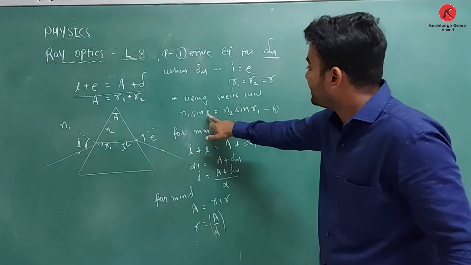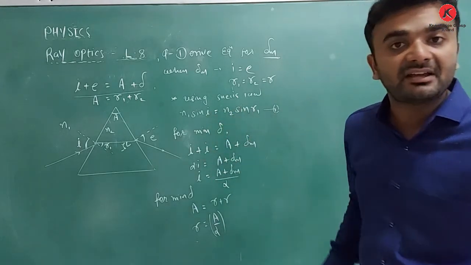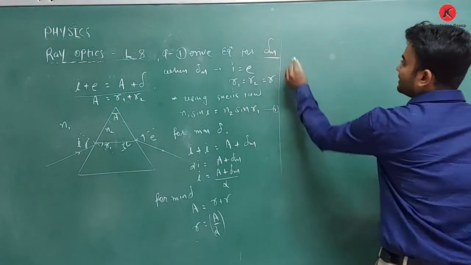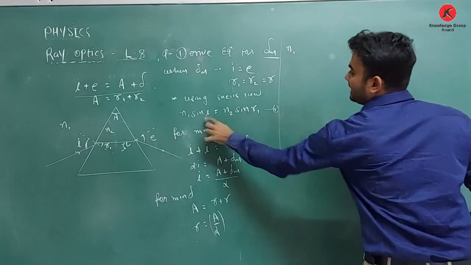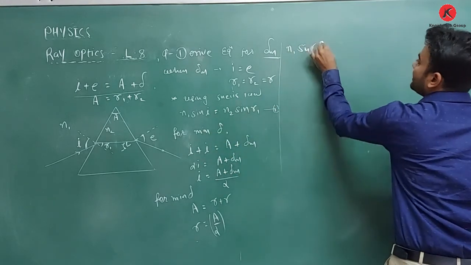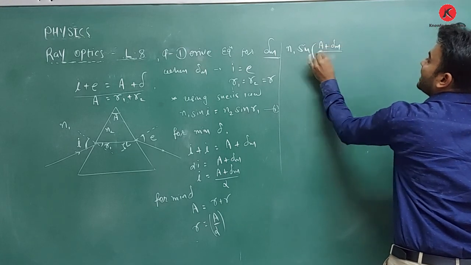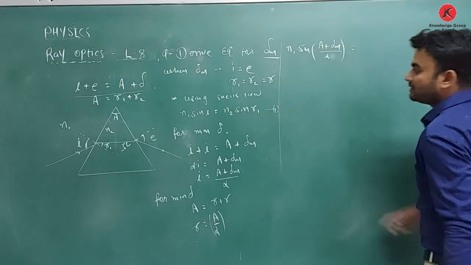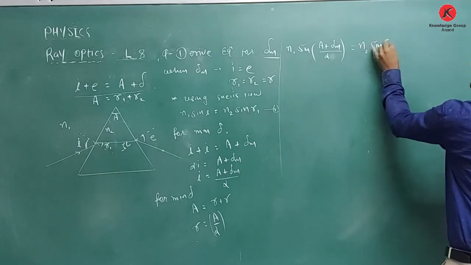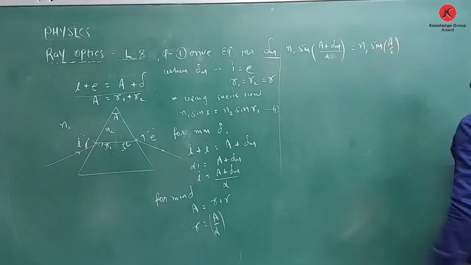I want to put the values of the incident angle and the refracted angle here. So N1 sin I, where I is (A plus delta minimum) by 2, is equal to N2 sin (A by 2).